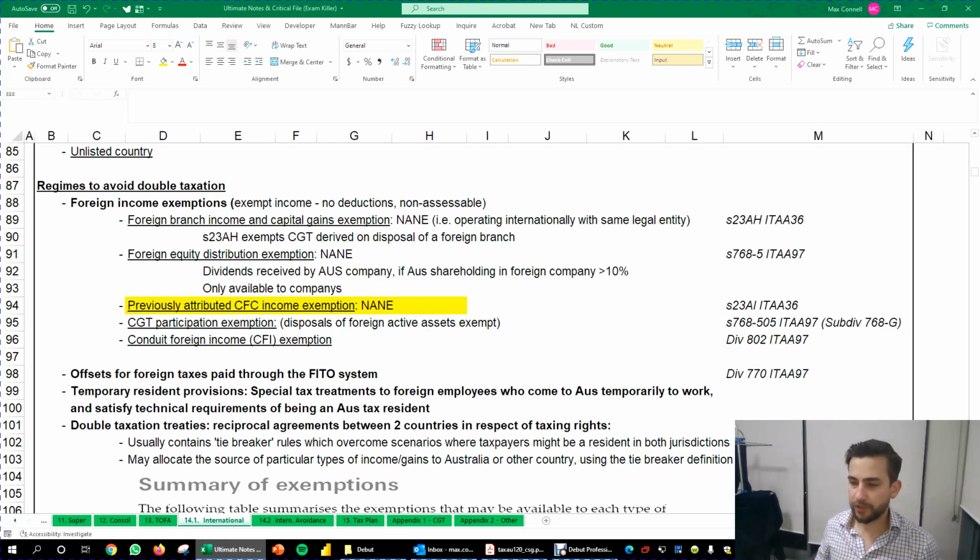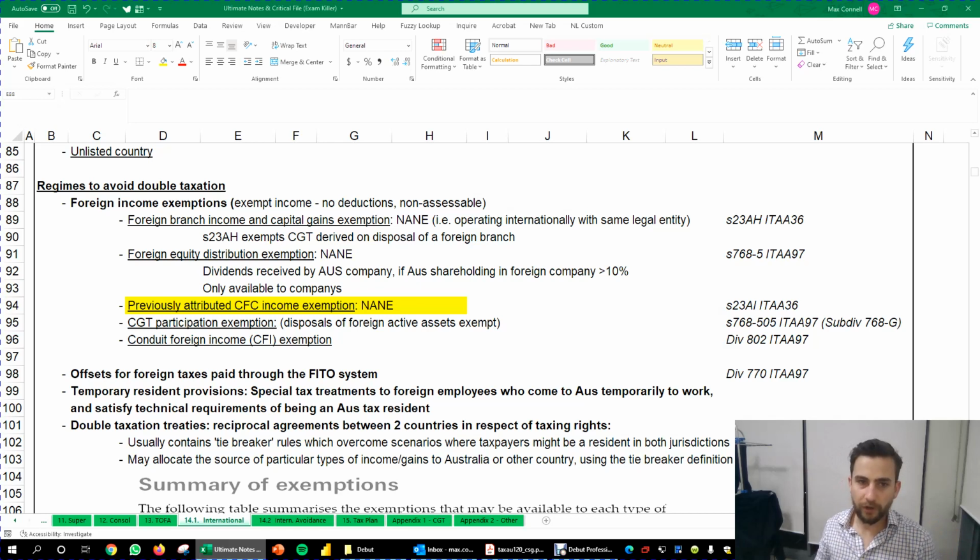So what will happen is I'm then going to report that income in Australia as well, because I'm an Australian resident. I'm assessed on all my worldwide income. So what happens in principle is there's a double taxation. I'm going to get taxed in the United States, and then again I'm going to get taxed in Australia.